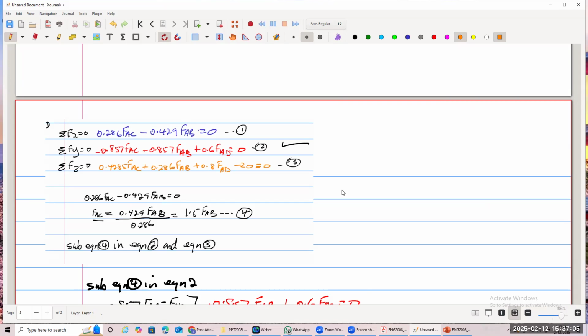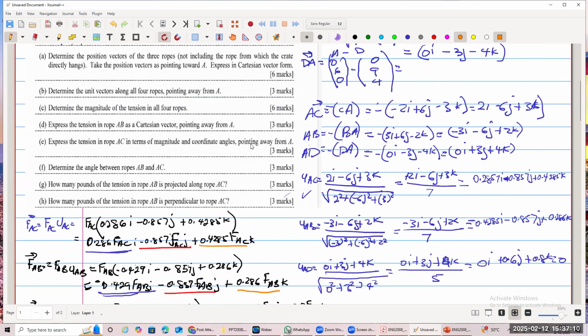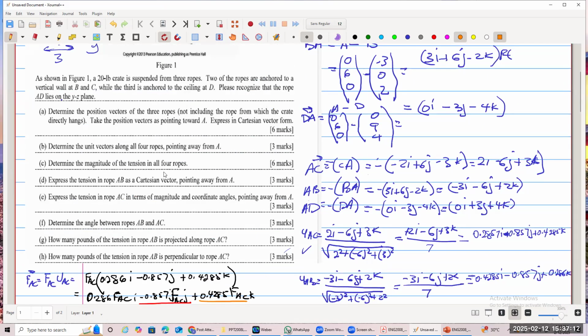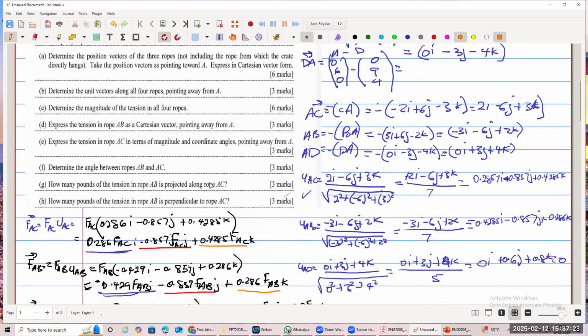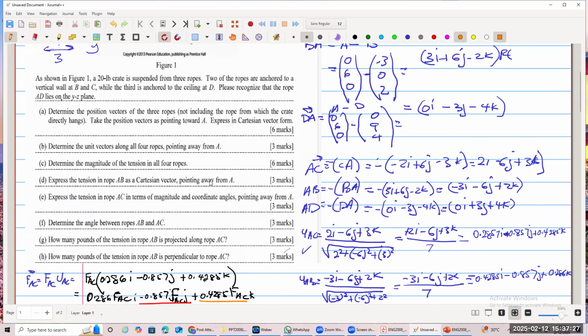What is it now? Let's go back to the question. So we have solved, we are at part C. It says express the tension in rope AB as a Cartesian vector pointing away from A. What are they saying to you now? What are they asking from you?